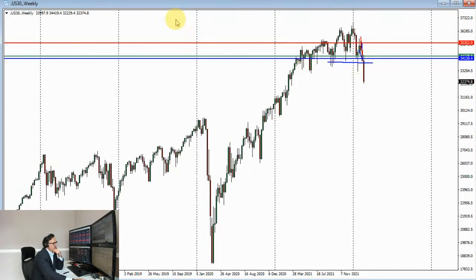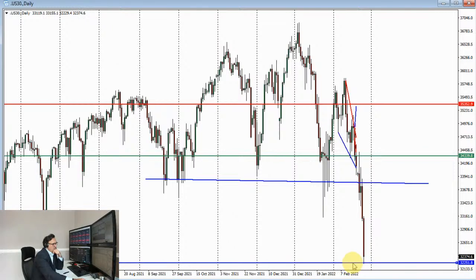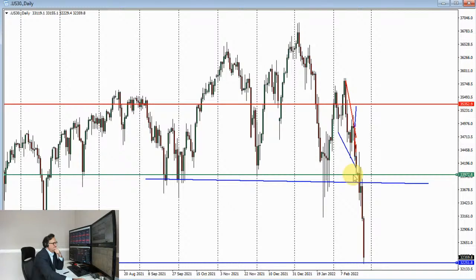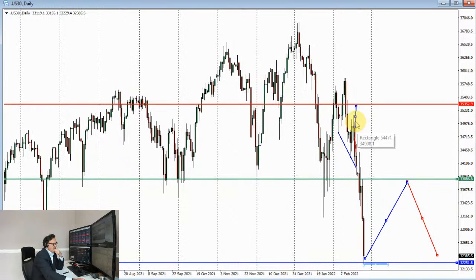So what I would like to do with the Dow is, if we do see an oversold bounce back from these lows into this area up here, this might not happen today, then that could potentially be another leg triggering a sell-off to the downside.